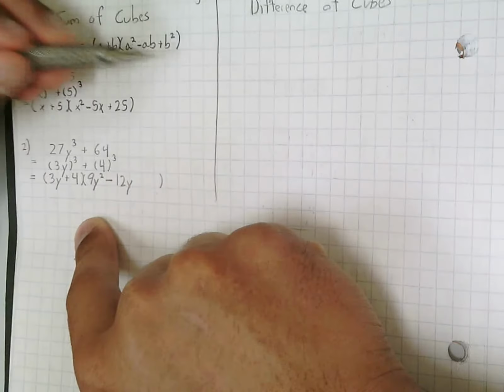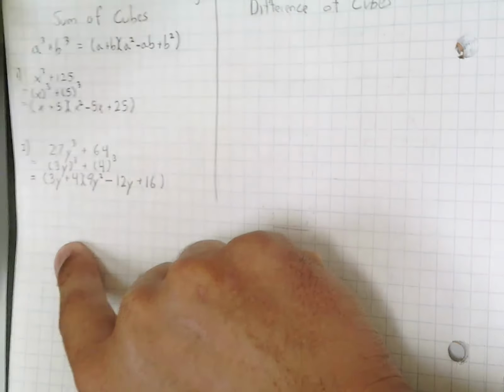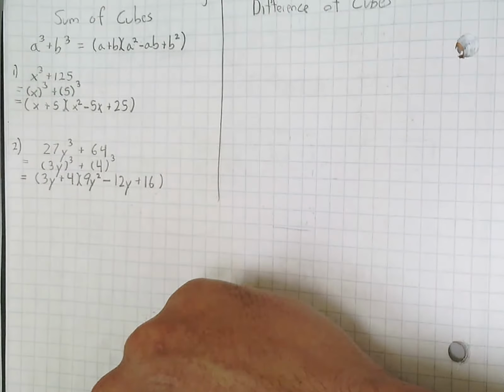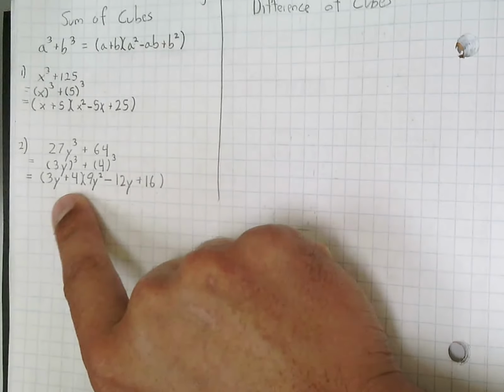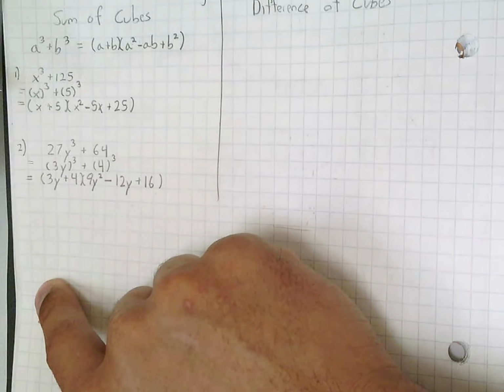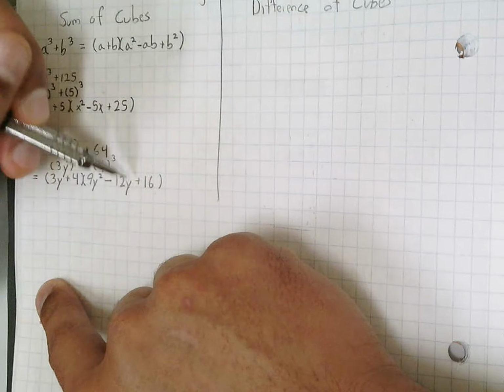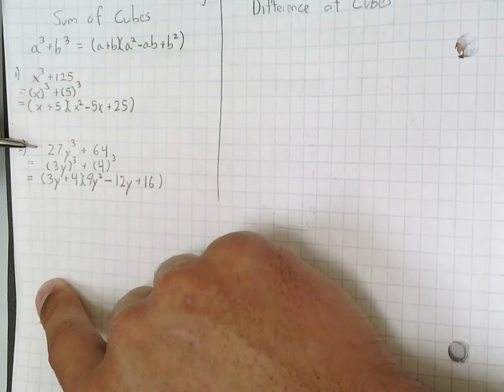And then b squared, so 4 squared is 16. There we have it. So this is the factored form here. And if you don't believe me, you can go ahead and distribute. If you multiplied 3y plus 4 times 9y squared minus 12y plus 16, you would end up with 27y cubed plus 64.